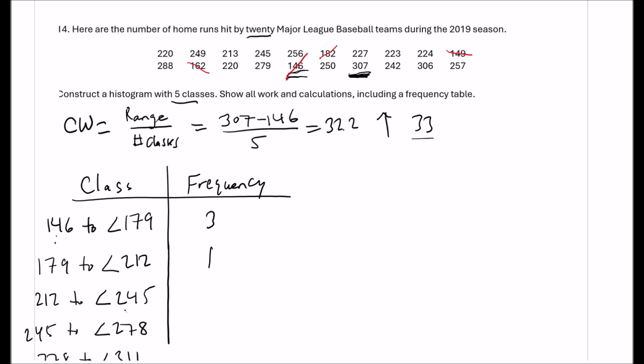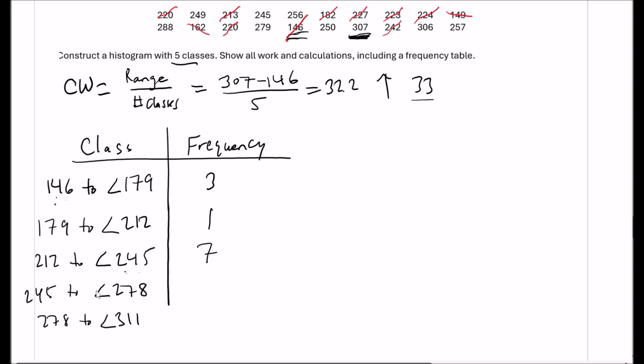Now 212 to 244. So this is 1, 2, that one doesn't count, 3, 4, 5, 6, 7. That's 7. Now we want 245 to 277.